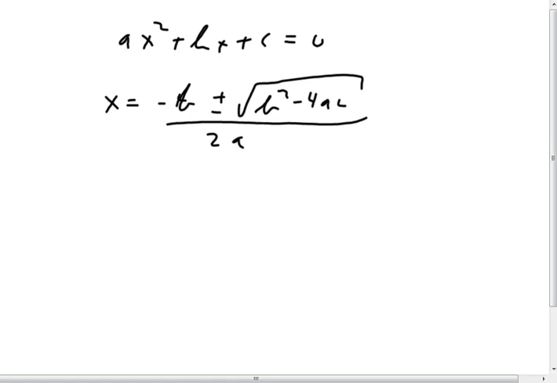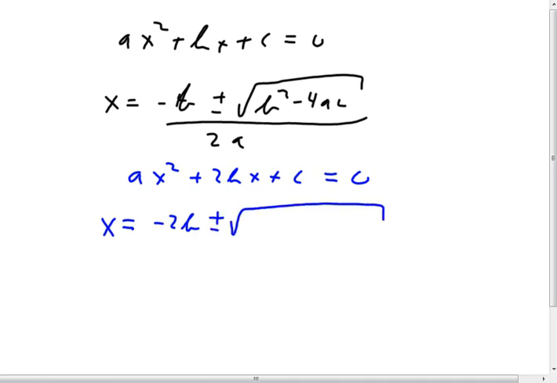Well, consider an equation that looks like ax squared plus 2bx plus c is equal to 0 for a moment. Then we'll find that x is equal to minus 2b plus or minus the square root of 2b squared minus 4ac divided by 2a, right?